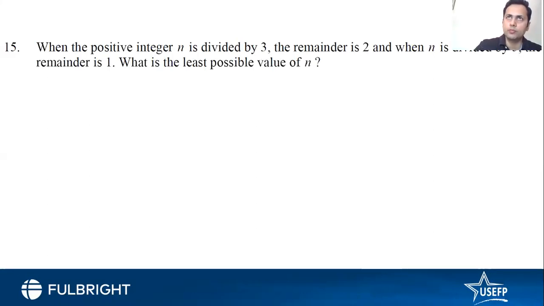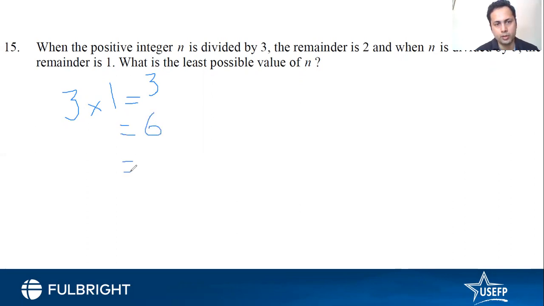So 3 ones are 3. If we divide 3 by 3, the remainder is 0. But if we add 2 to it, the first number is 5. What I'm saying is that the table of 3 gives 3, 6, 9.